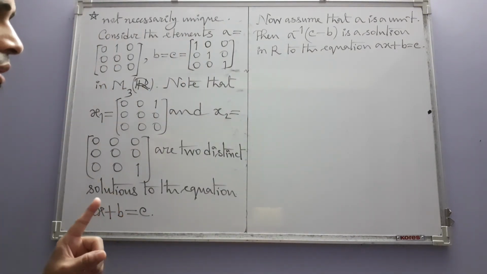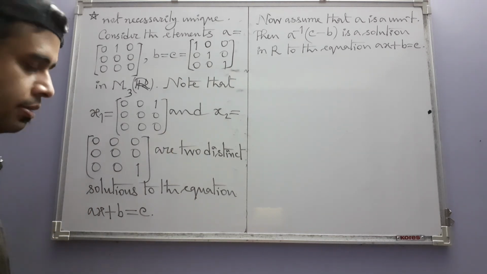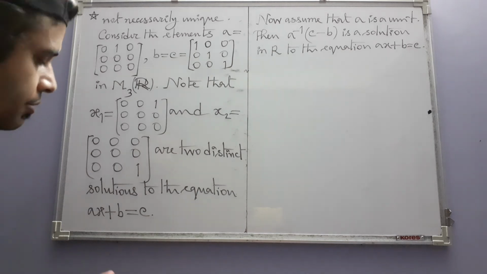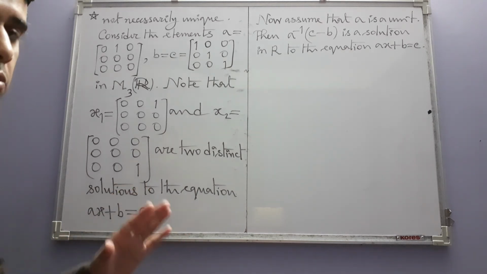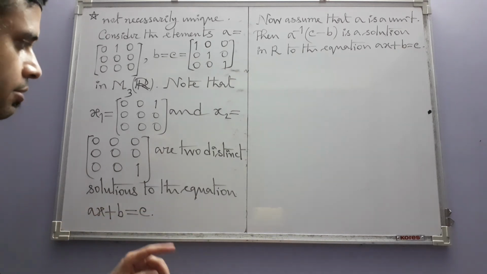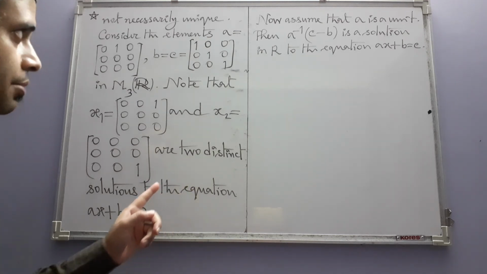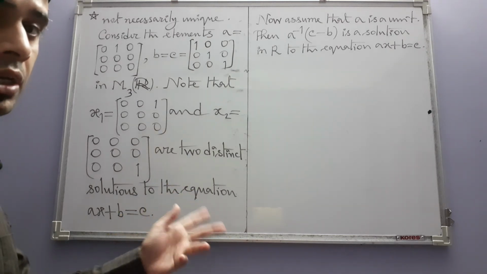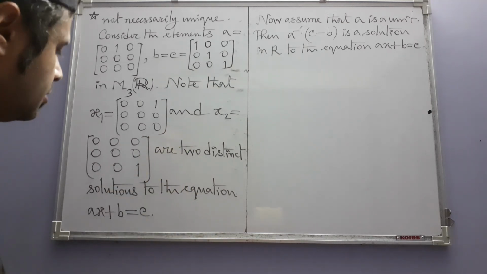Okay, now keep one thing in mind. It looks like simple algebra. You have subtracted B from both sides. That gives you Ax equal to C minus B. Then you have multiplied both sides by the multiplicative inverse A inverse, which exists because A is a unit.